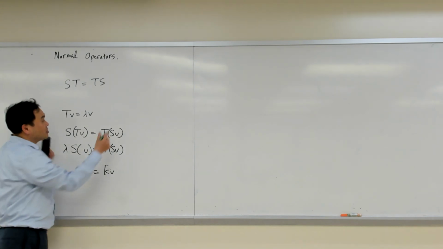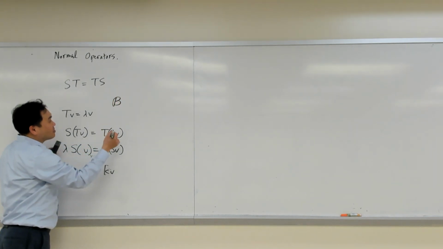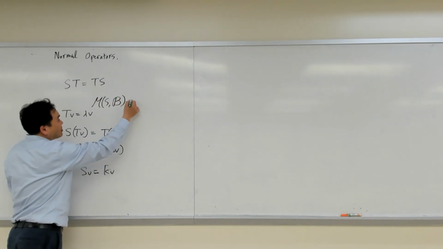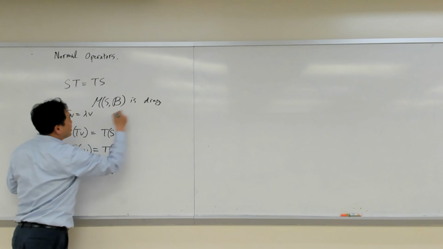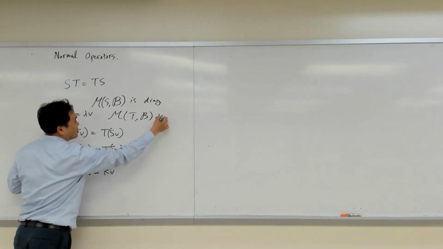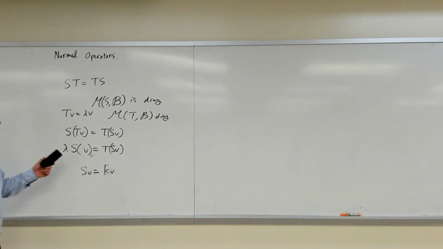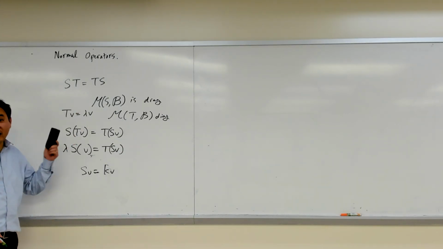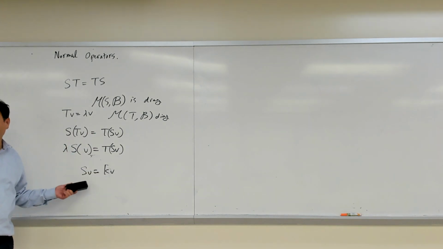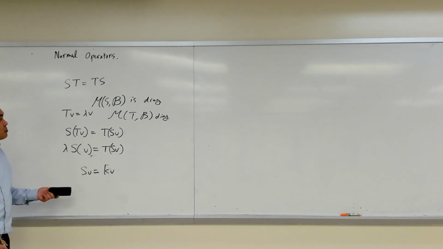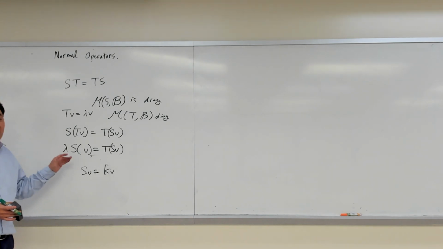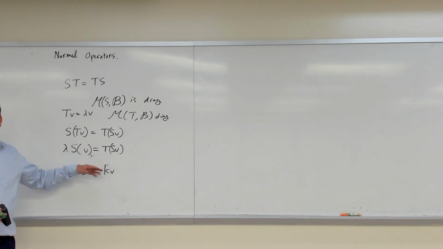In other words, there's a basis where both S is diagonal and also T is diagonal. In the case when you have n distinct eigenvalues, it's rather straightforward because of this kind of argument. For the case when you do have eigenvalues with multiplicities, it requires some more calculation, but you can do it.